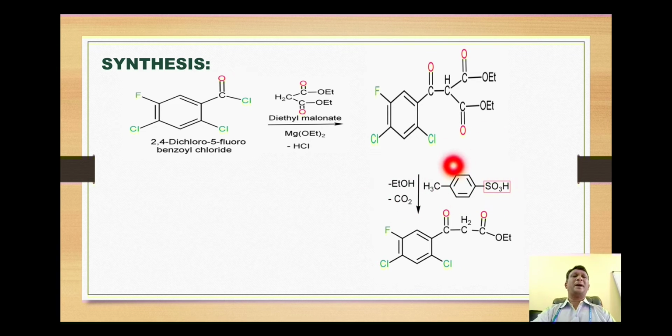In presence of para-toluene sulfonic acid, one of these COOEt groups, that is ethoxycarbonyl group, will be removed out from here, and this can be done by removal of one ethanol molecule first, so that this will get converted to COOH, and then secondly by removal of carbon dioxide molecule.